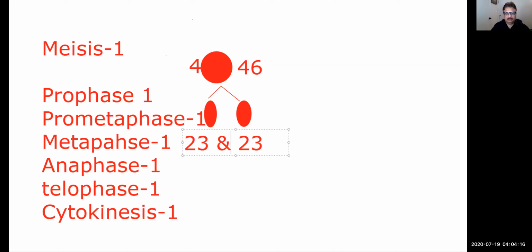Now the question you can think is, how does meiosis 2 occur? These two cells that are formed in meiosis 1 enter into meiosis 2. So what is meiosis 2 composed of?